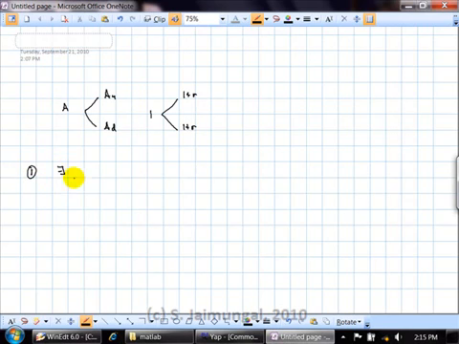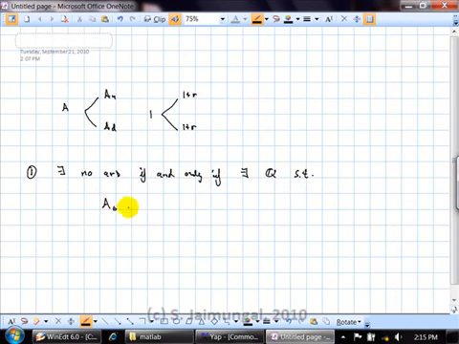And the no arbitrage condition says that there exists no arbitrage in the market if and only if there exist some probabilities, Q, such that the initial value of the asset is equal to the discounted expected value of the asset.